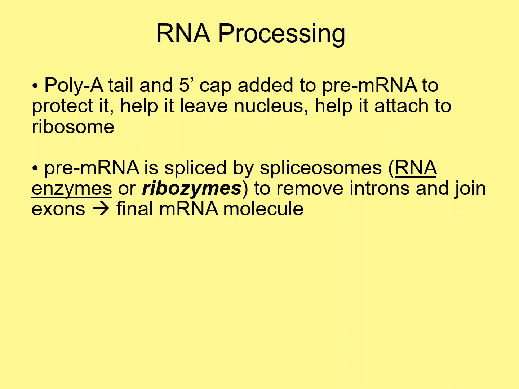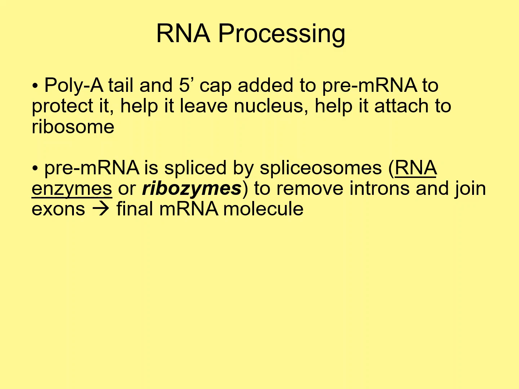The cool thing about mRNA is you can reuse it multiple times, but once it gets too degraded, you've got to send it to the recycling center, the lysosome, and break it down into its pieces and reuse those nucleotides over again.